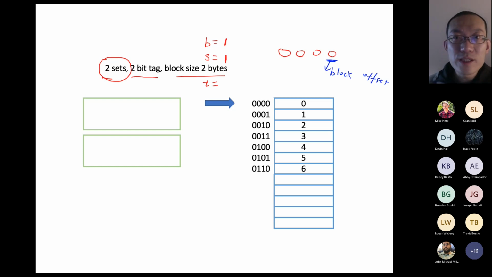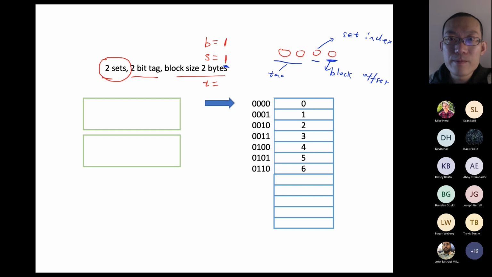And the next one, the middle part, is the set index. For the set index, we only have 1 bit. And the remaining 2 bits would be the tag. This is how we divide the address into 3 parts.